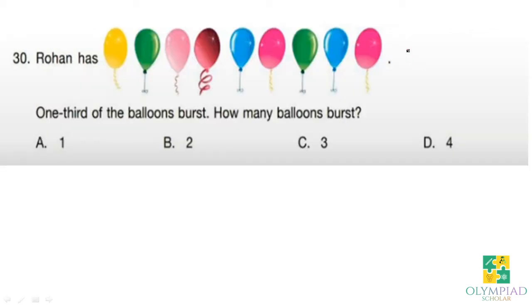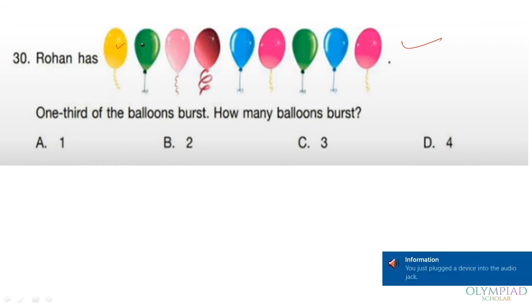Rohan has these balloons. One third of the balloons burst. How many balloons burst? One third means you need to count the number of balloons. That is 1, 2, 3, 4, 5, 6, 7, 8, 9. So there are exactly 9 balloons, and one third of 9 is equal to 3 balloons.